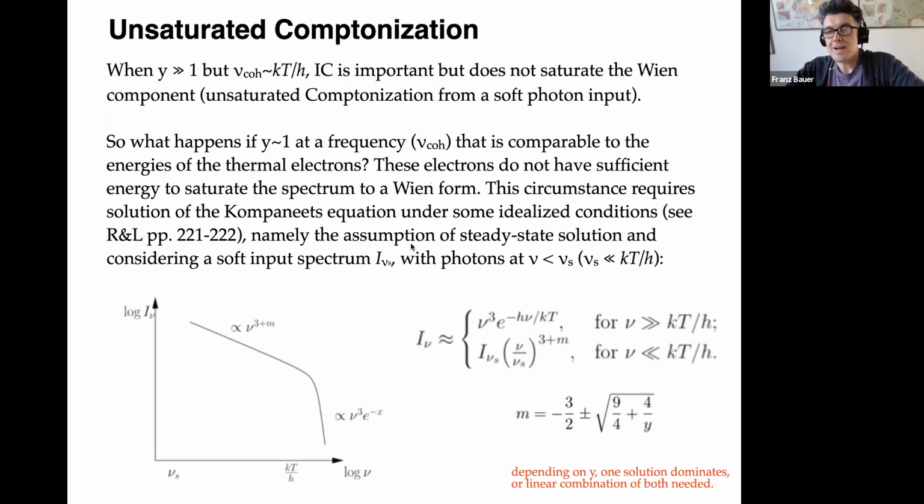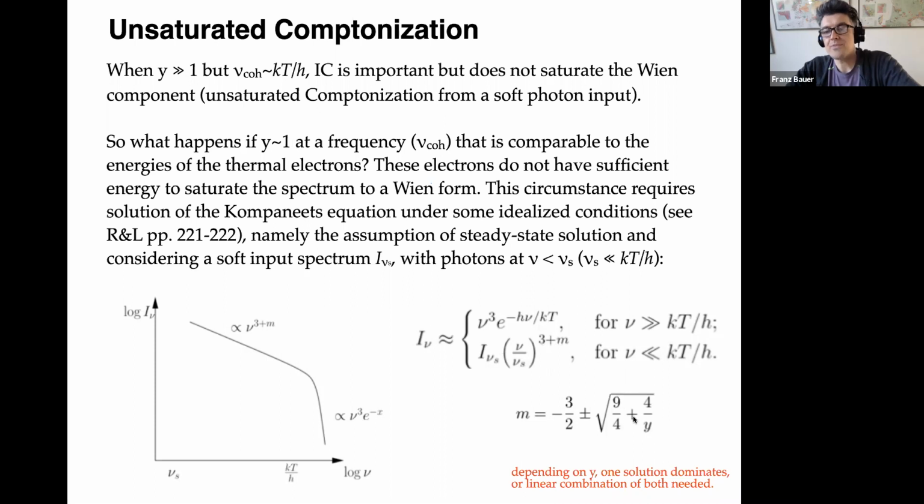Basically, once you get to a steady state, you have some soft input spectrum here. And so photons where this frequency is less than this have this initial spectrum. And then in between this frequency here and this here, you end up with a spectrum which has a power law here, which is related to y, which is approximately 1. And so this is 4.